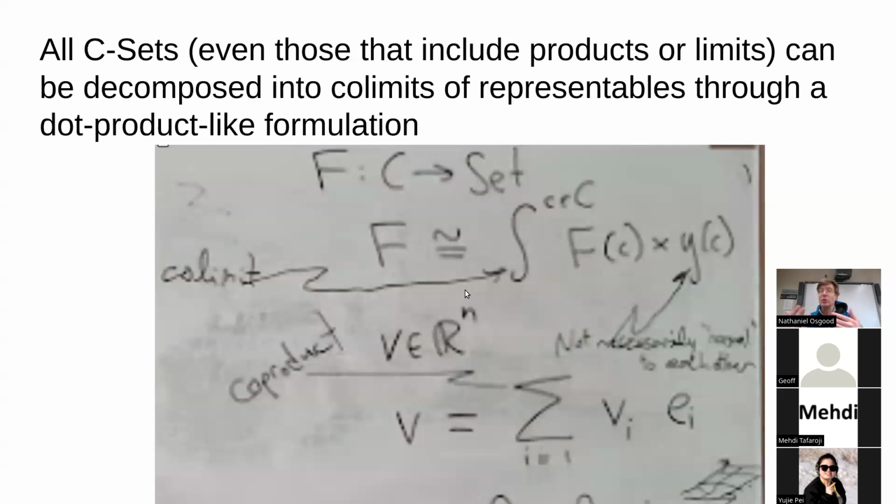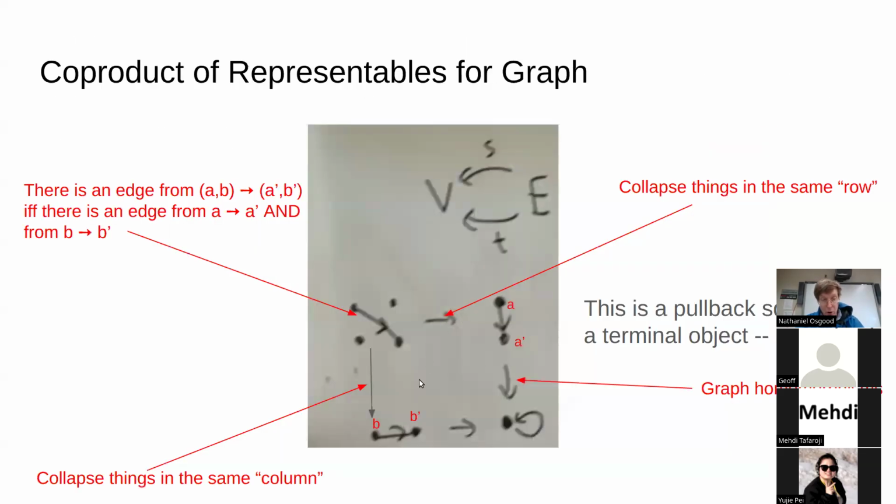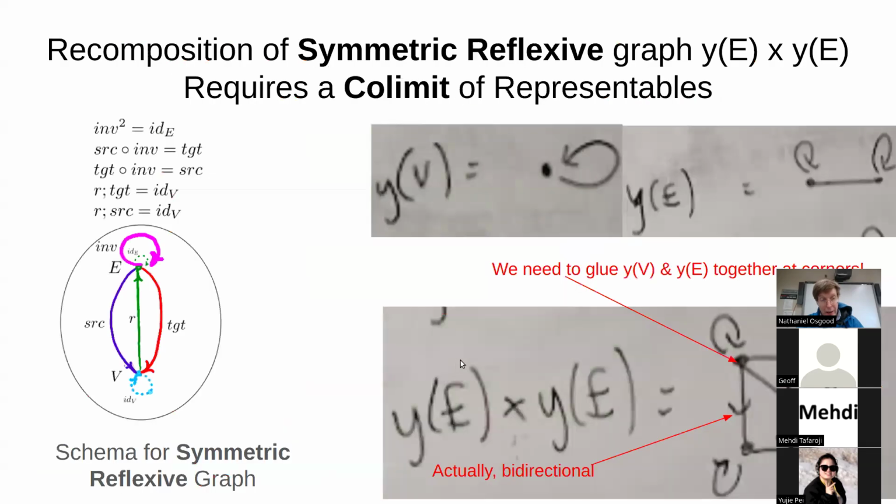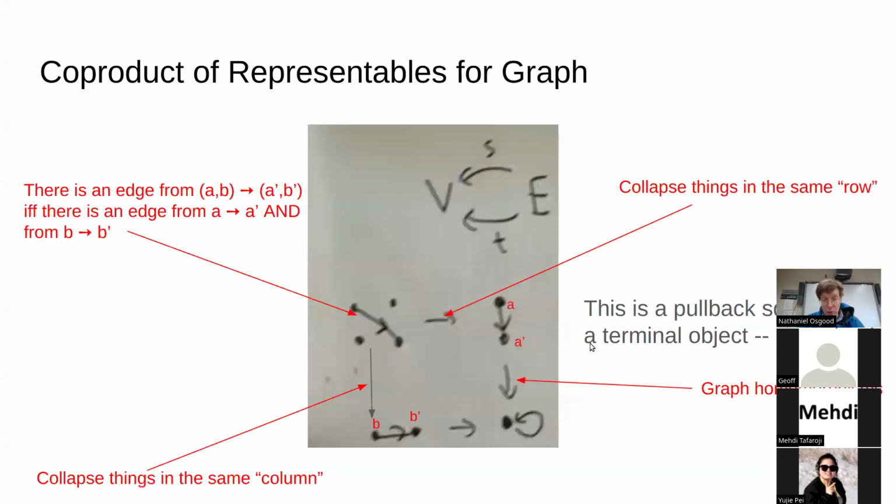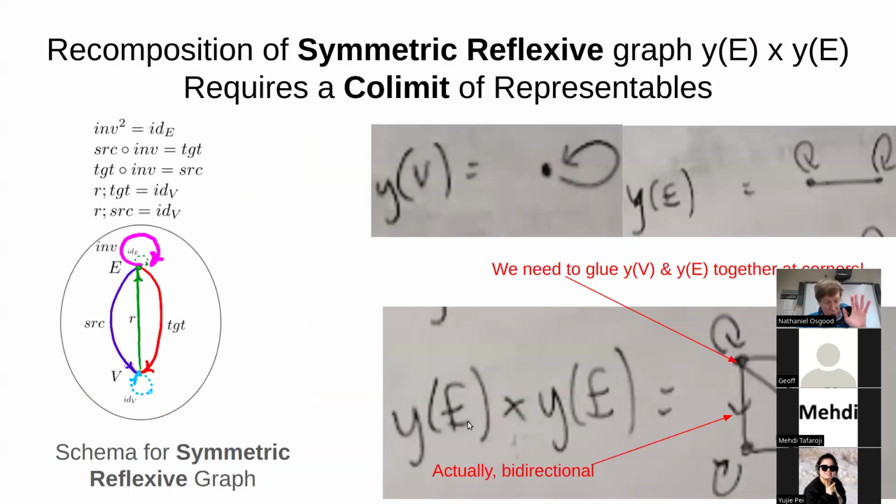I'm telling you that these representables are the key building blocks of presheaves, and that by sticking together either as coproducts or as colimits by gluing them together at common points, like one here glued together with this one at this point, whereas coproducts just put them next to each other, they form building blocks we could describe any C-set out of.